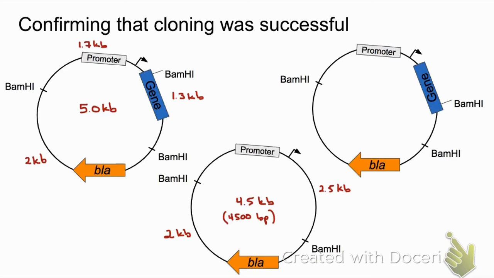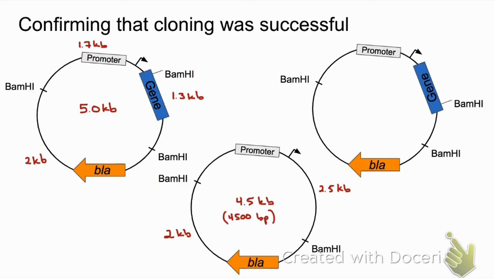And let's assume that this gene also has an additional BamHI site within its sequence. And so if this were the case, then we would expect that if we were to digest this plasmid with BamHI, it would produce three fragments of 2 kb, 1.7 kb, and 1.3 kb.